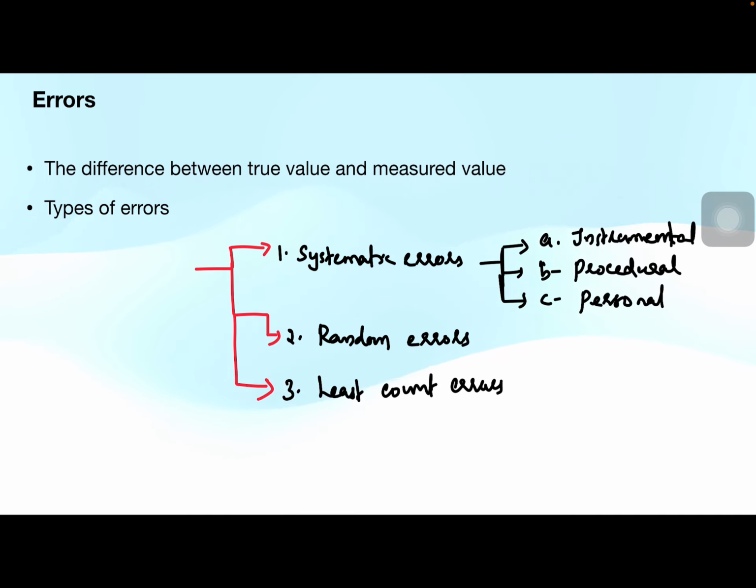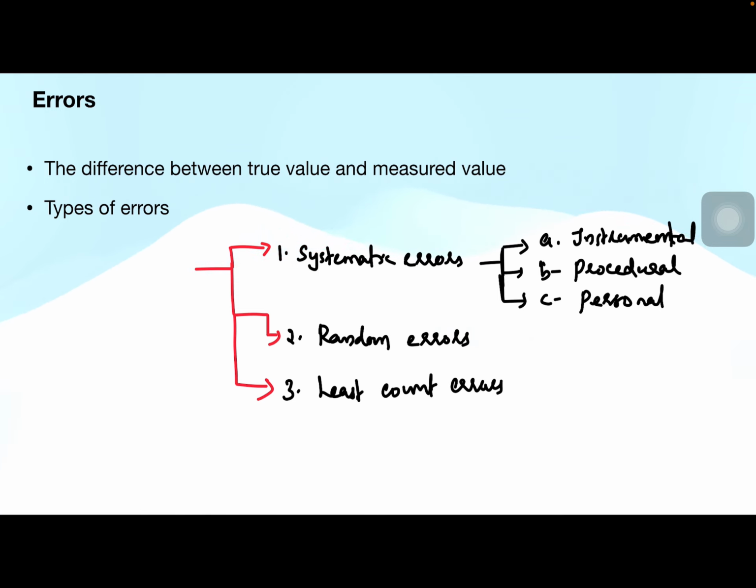Now the third category, least count errors. These are errors because of the incapability of the instrument, whose least count may not be sufficient to get the exact reading. Suppose we are measuring a reading of 2.35 centimeters.